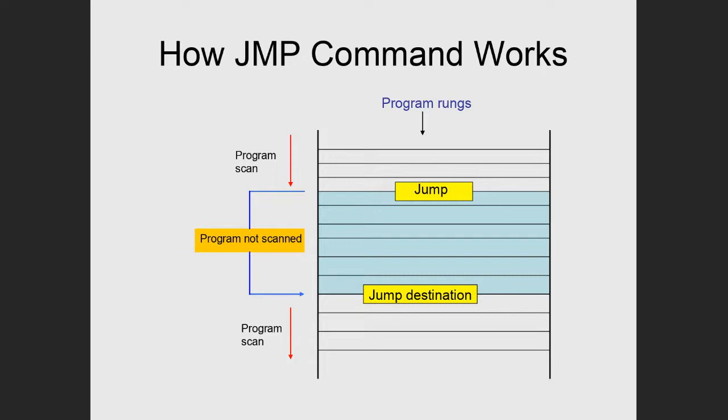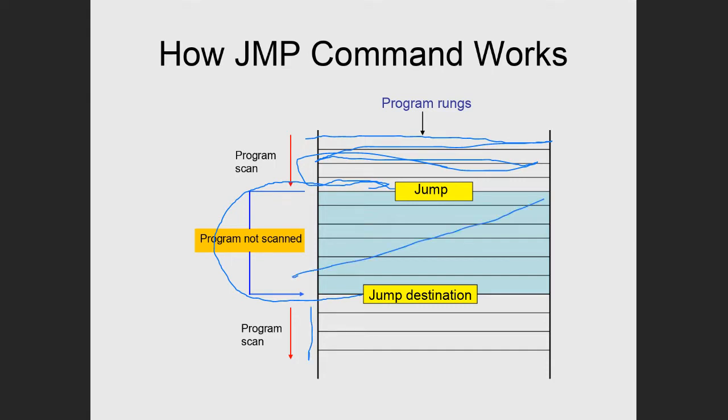But when you get down to this jump, this first jump instruction is conditional. So if this rung right here is true, it's going to skip over all of these rungs and jump down to the destination. Everything after this, it'll run. It'll skip the region in between the jump and the destination.